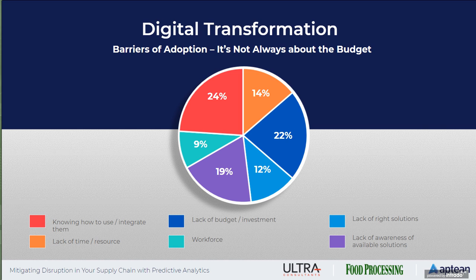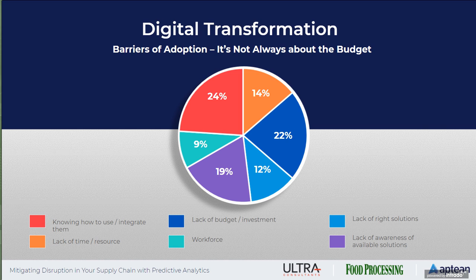And most of the times when you think about barriers to a challenge you have, it's usually time or money. And it was interesting, because the results were neither one of those were the number one challenge. The number one challenge was knowing how to use digital transformation and how to integrate that into their business. That was pretty interesting that came out as number one.